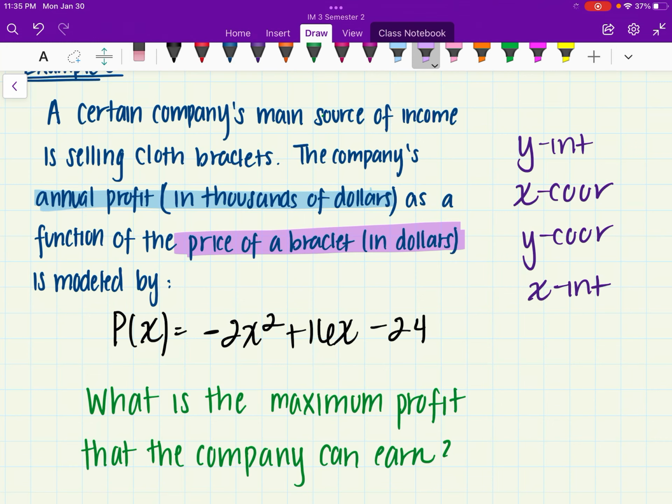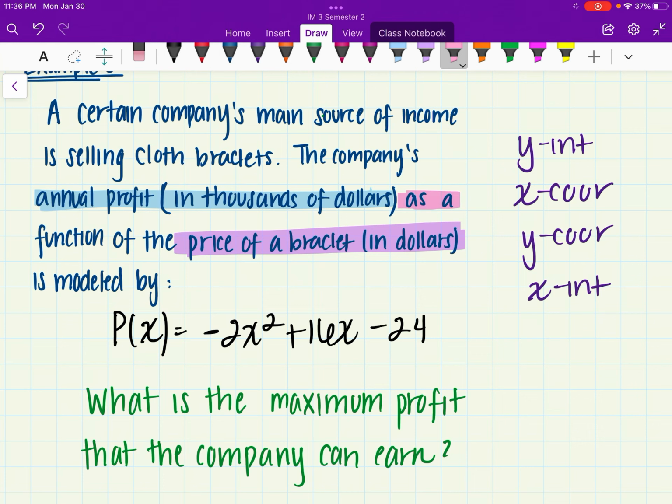Now, when we're working with word problems, they're either going to be giving you one of the variables. In this case, they're not. So how do we identify? A few things. Y in this case, guys, is always going to be the bigger amount of the two units. If I compare thousands of dollars over just dollars, thousands of dollars is a bigger amount. So I'm assuming in this case, Y is going to be thousands, right?